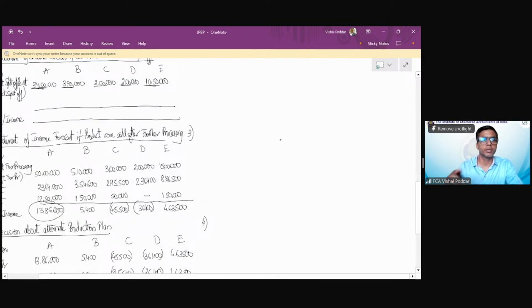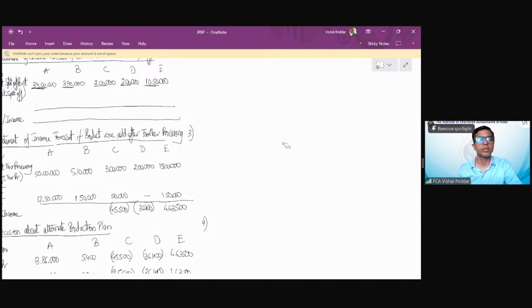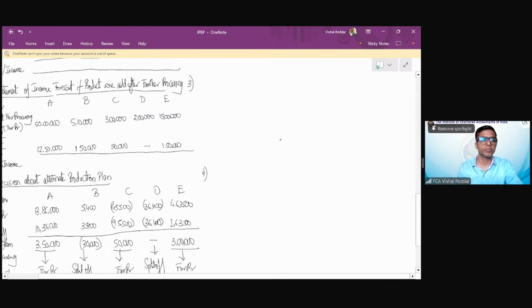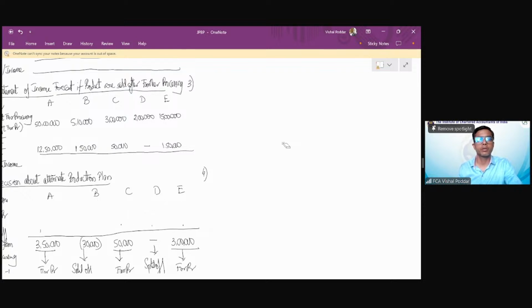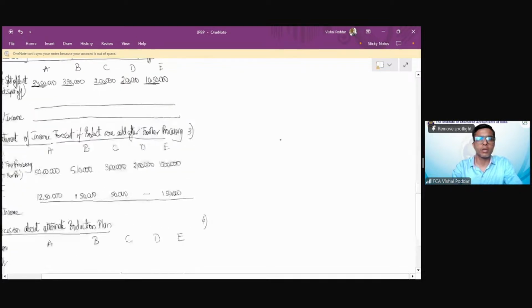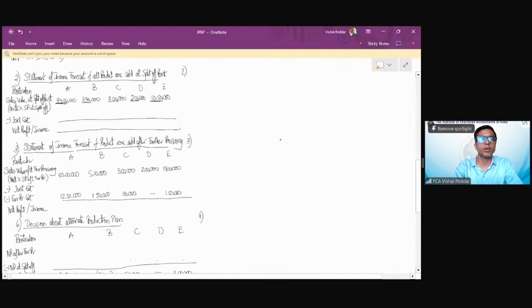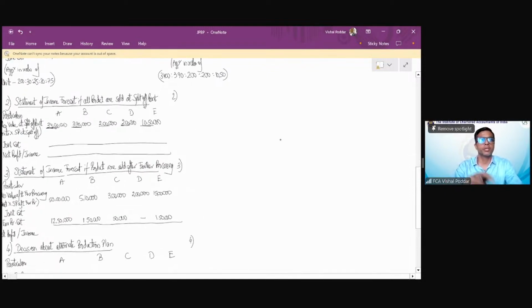Again, in this third working, what is changing is your joint cost. So the profit that you are getting will change. Similarly, here, your profits that you are getting will change. So now what you have to do is, you have calculated some joint cost. Just substitute those joint cost figures in these workings.